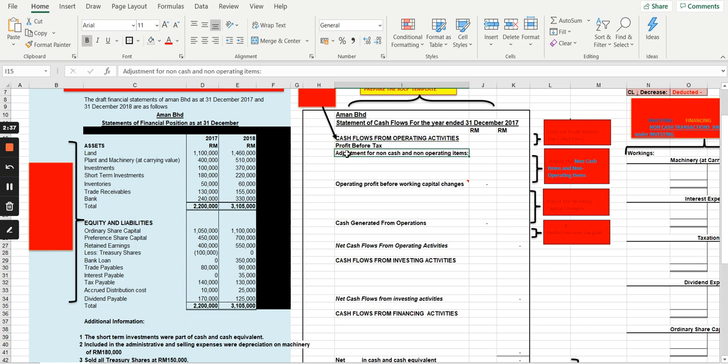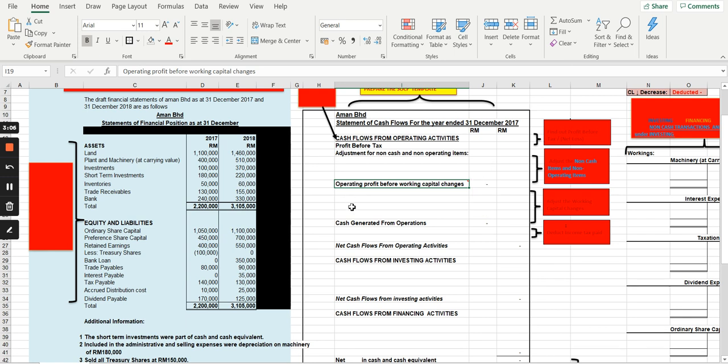You can also put the adjustment for non-cash and non-operating items, which is very important and which I will go into detail later. Then some few lines for your adjustment of the non-cash and non-operating items.